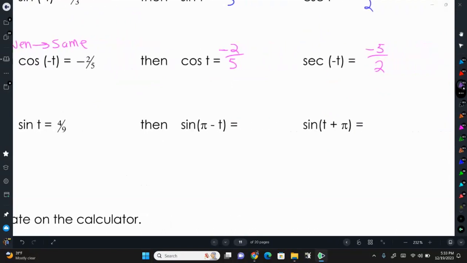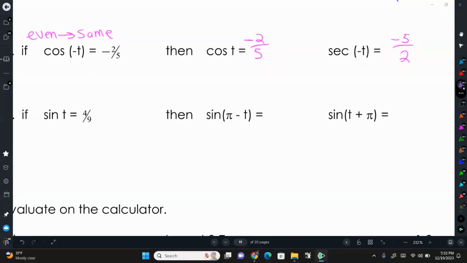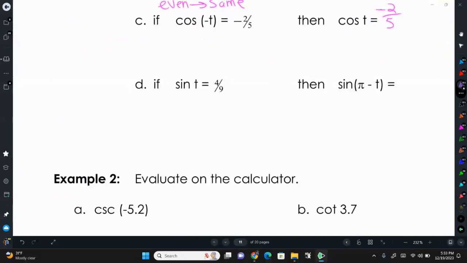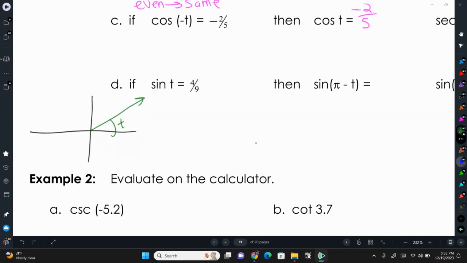Notice I have addition and subtraction inside my angle. So to help us with these problems, let's draw a picture. If sine of t is 4/9, then the angle is somewhere in quadrant number 1. So this is t, our angle. Then if I look at sine of pi minus t, well, pi is 180 degrees, correct?